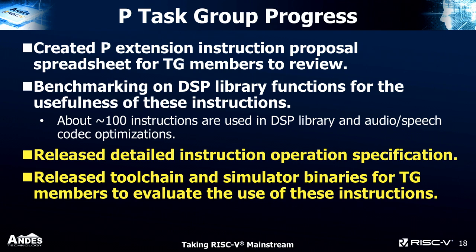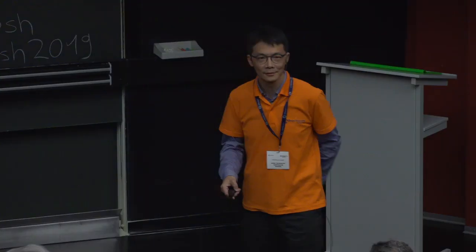We also released the detailed instruction operation specification, including the intrinsic functions. And last month, we released a toolchain and simulator binaries for test groups to evaluate the use of these instructions. Anyone interested can use the toolchain to try out different applications they are interested in. Okay, this is my status update. Thank you.